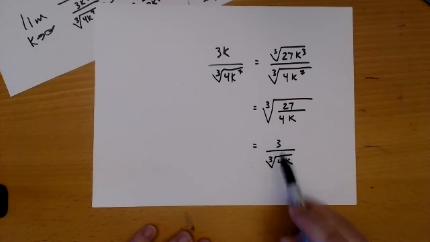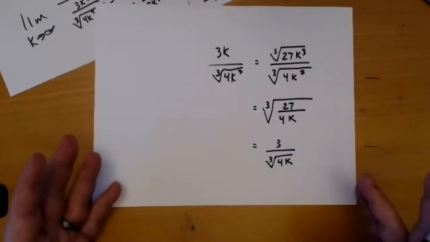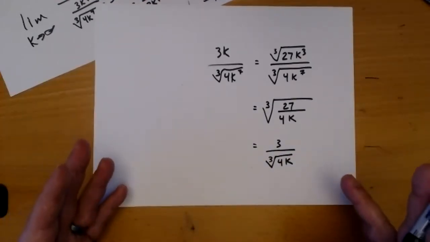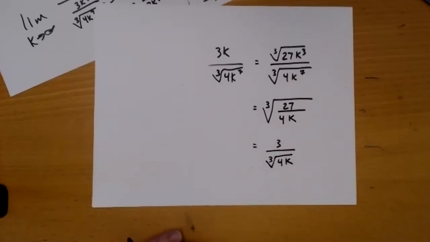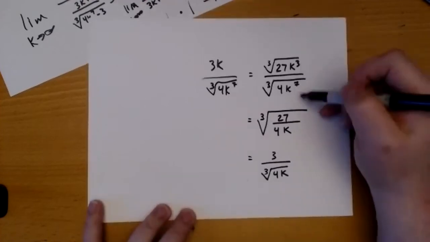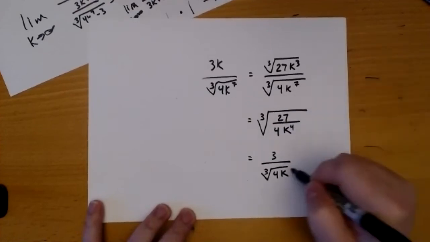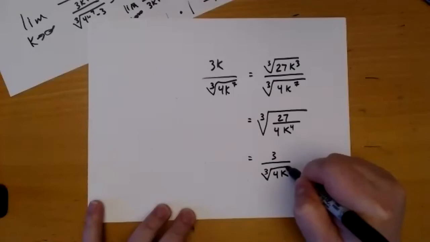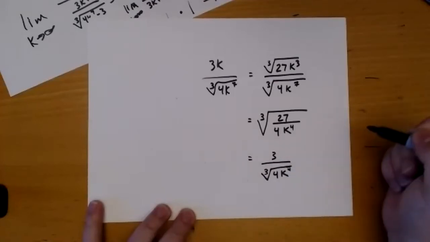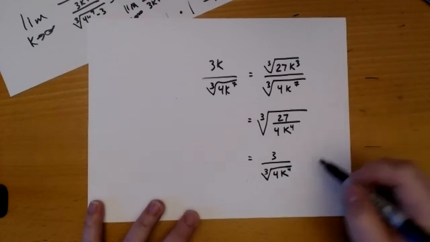Now, as far as the 3 and the 4 are concerned, I don't care. Wait, how do you go from 7 and 3 just to k? Wouldn't it be k to the 4th? Yes. Okay.